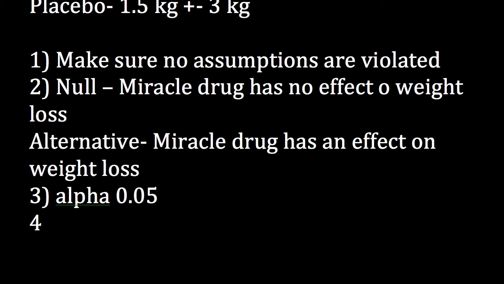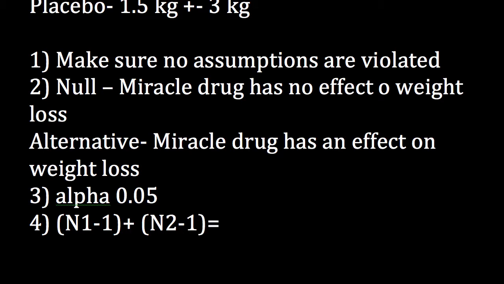So degrees of freedom are calculated as the number of patients in the first group, so we'll just call that N1 minus 1, plus the number of patients in the second group, N2 minus 1.